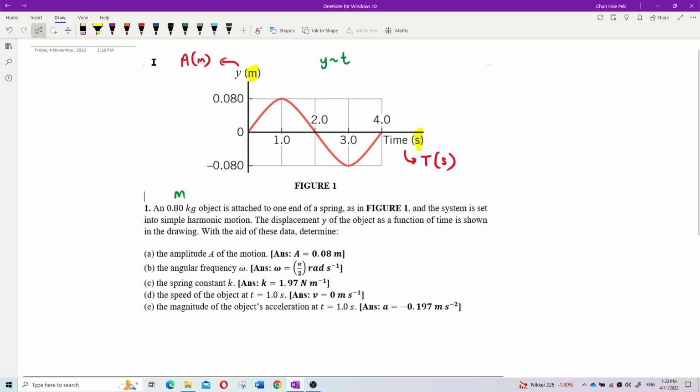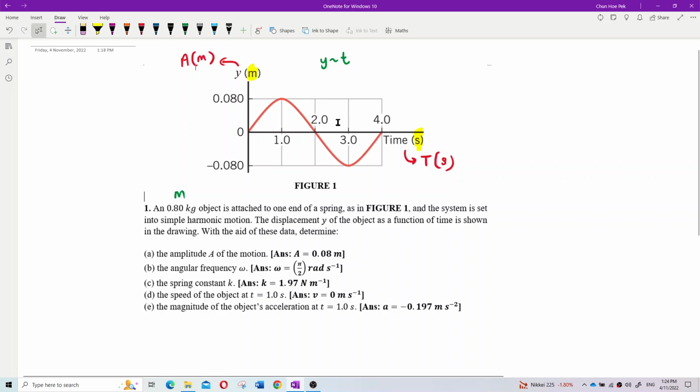If the question says centimeter, then the amplitude will be in centimeter. If the time is in millisecond, then the period is in millisecond. So you must be careful of all these units. Right now it is in SI units, so the period is in second, and the amplitude is in meter.